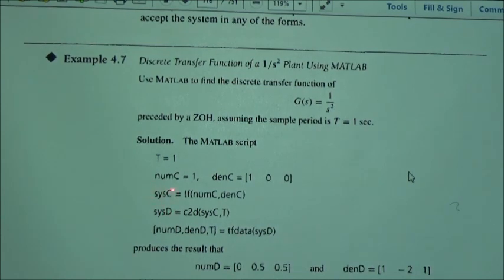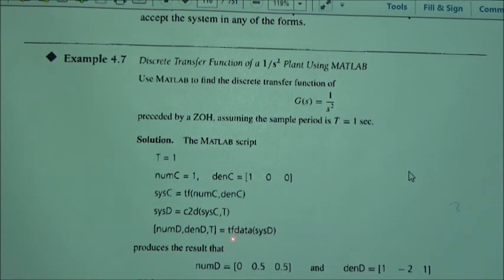If you print this, you get a numerator and denominator in the Z domain. In this function, you have a command called tfdata. You want to find the numerator and denominator of it. You put on the left side, in square brackets, equal to tfdata of sys d, which is here.